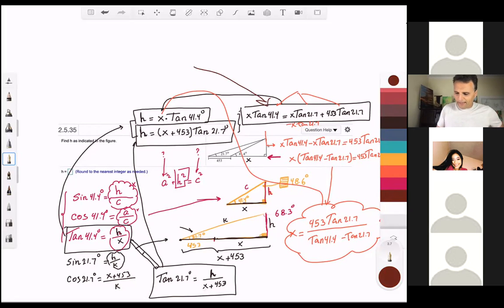If I ask you what is tangent of 41.4, if you give me a decimal instead of tangent, if I have a number, it would be much easier. But later in this course, you guys shouldn't use the calculator in the middle of the algebra because we are dealing with errors. I just solve for the x here by bringing one side and factoring it. Then I divide it by this, so I got x here.